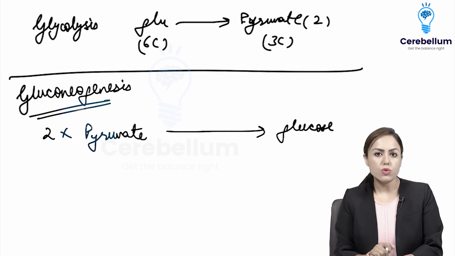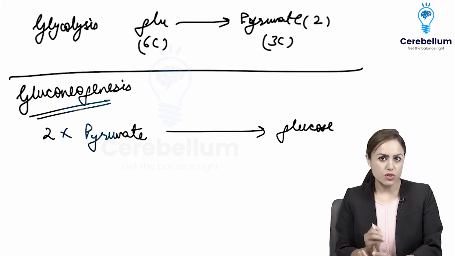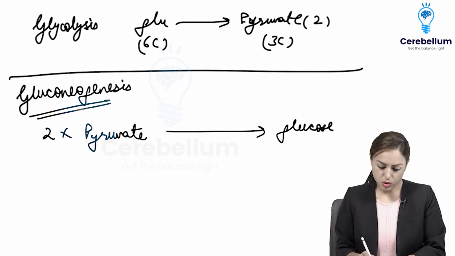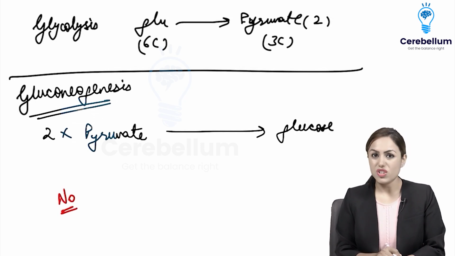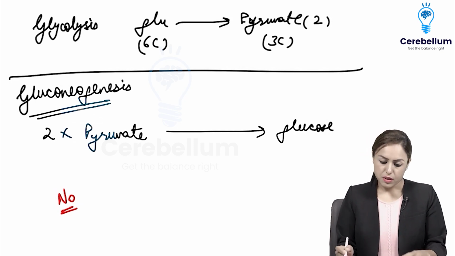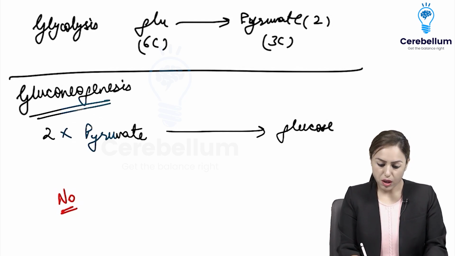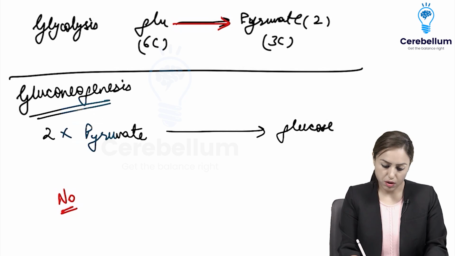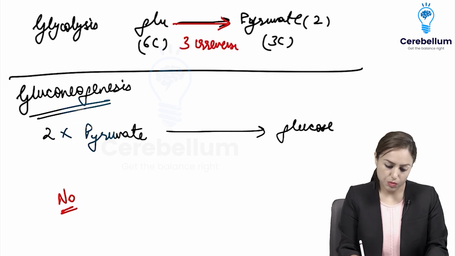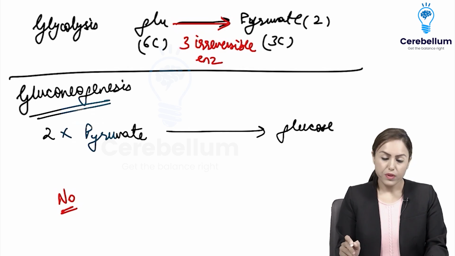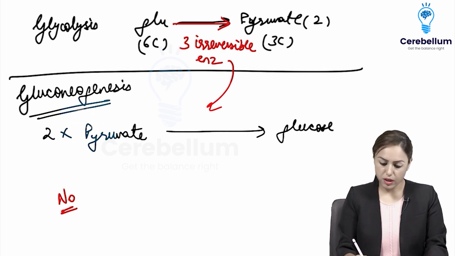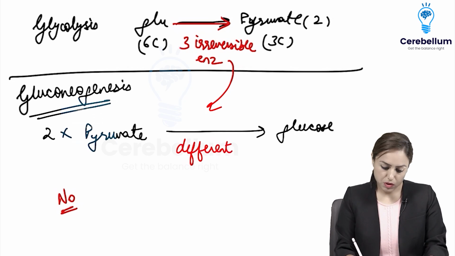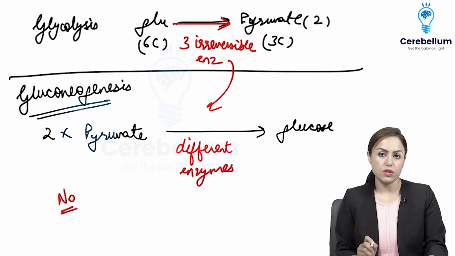So now if I ask you a question, is gluconeogenesis just a reversal of glycolysis? Then your answer is no. It is not just the reversal because 3 enzymes are different. See, the glycolysis pathway has irreversible enzymes. There are 3 irreversible enzymes. So instead of these irreversible enzymes, we have to use different enzymes in gluconeogenesis.